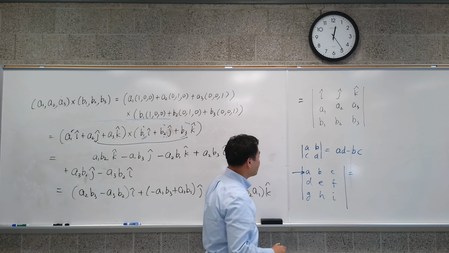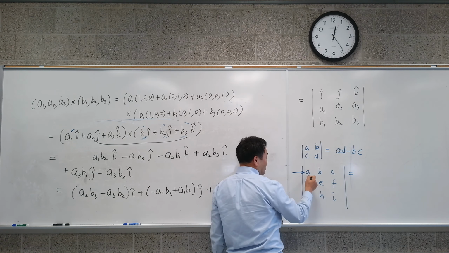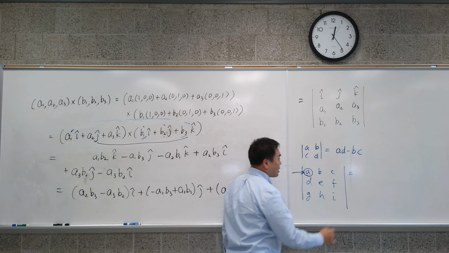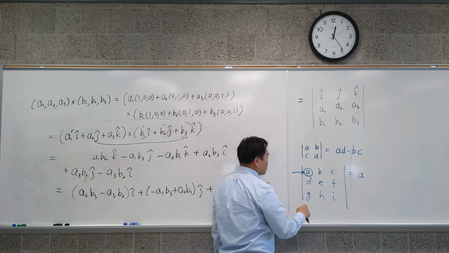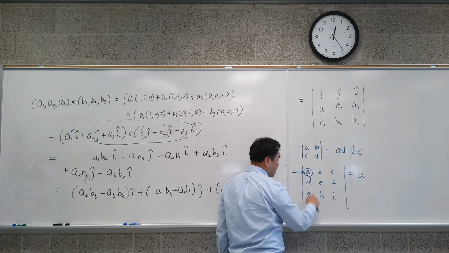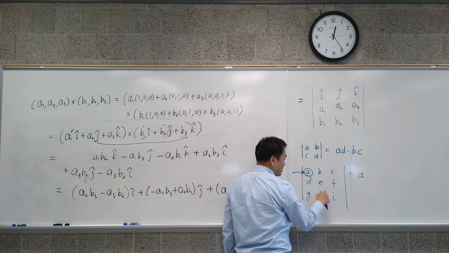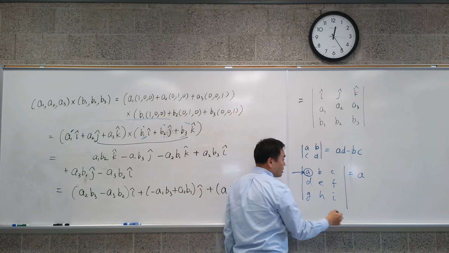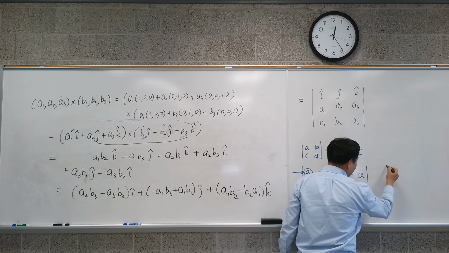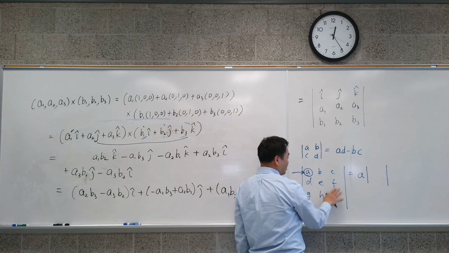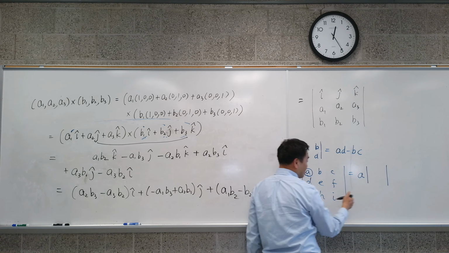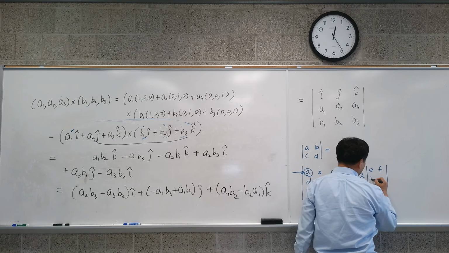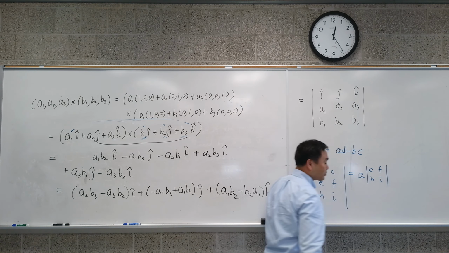Then what we do is every time we meet an element, write that element down, okay? Times, you cross out the column and the row containing that element, so you get that, right? And you make a smaller matrix out of what's known as the minor matrix. That's called the minor matrix E, F, H, I, okay?